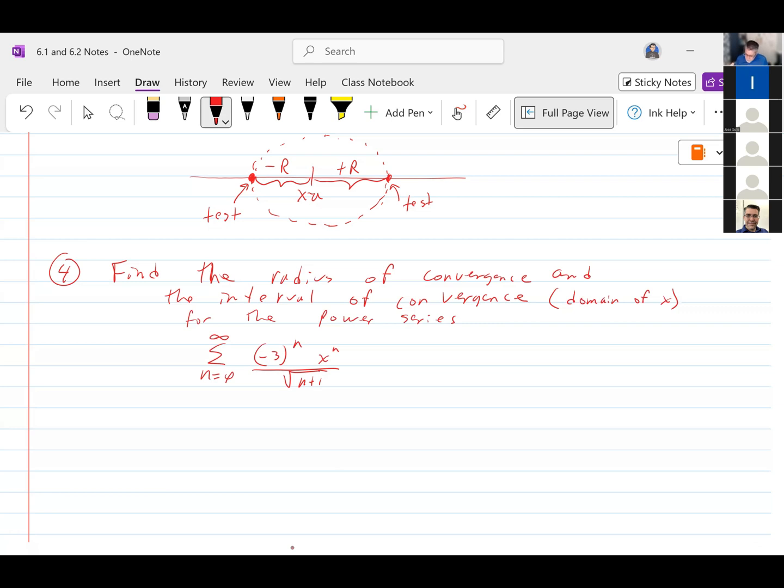So we want to find the radius of convergence and the interval of convergence.